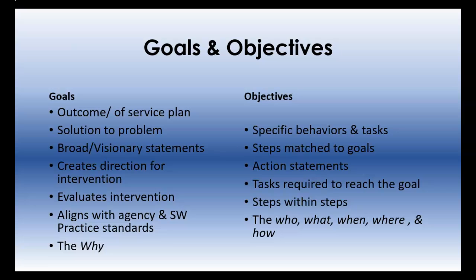Then the objectives under that were purchasing the study guide materials and attending a LEAP course. That's the who. The what would be the licensure prep materials. The what could be setting up a time, managing my time in order to study.